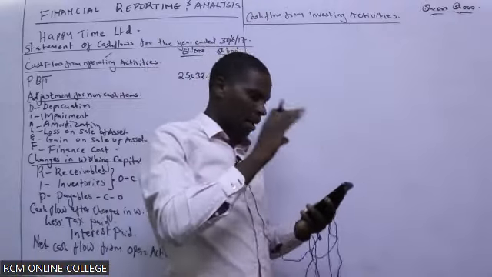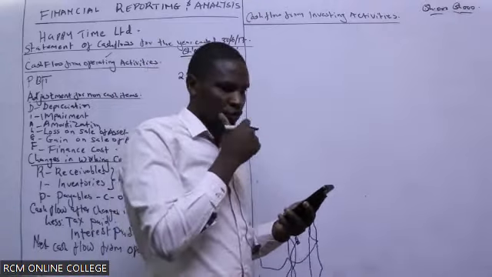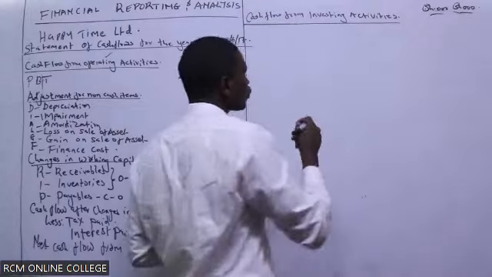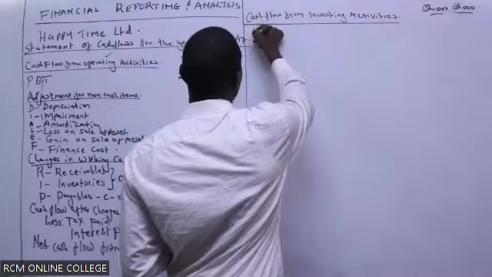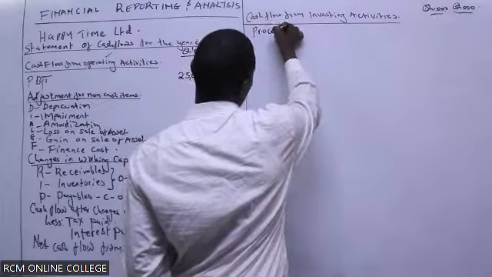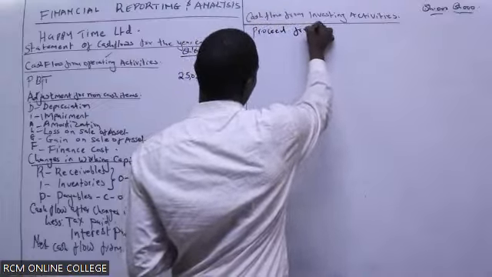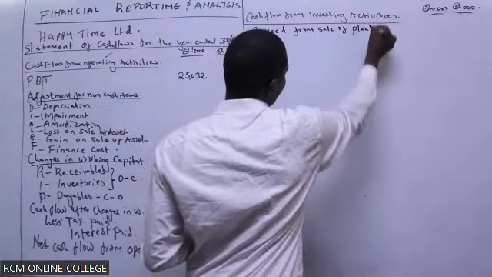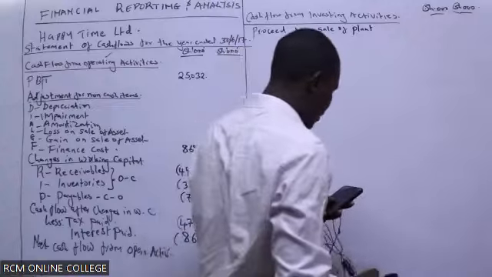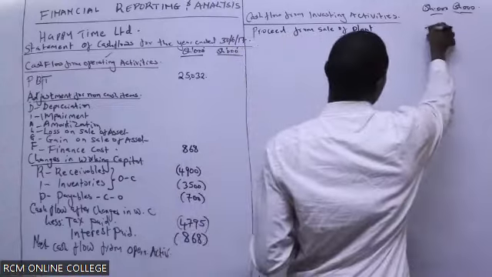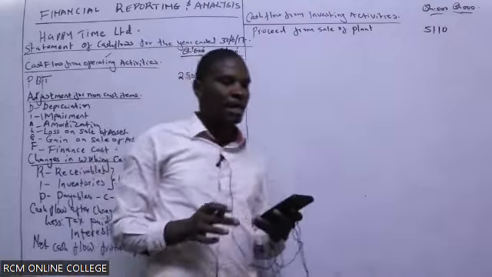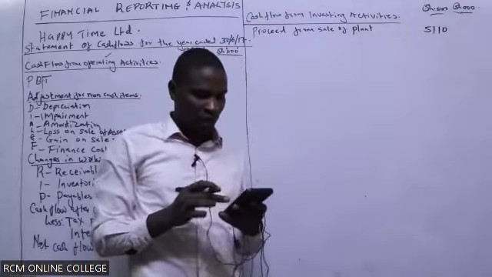Hapo utapata finance cost. Ndio hiyo finance cost. Interest paid ndio finance cost. So tuko na proceed from sale of plant. Hiyo ni direct, 5110. That is an inflow.